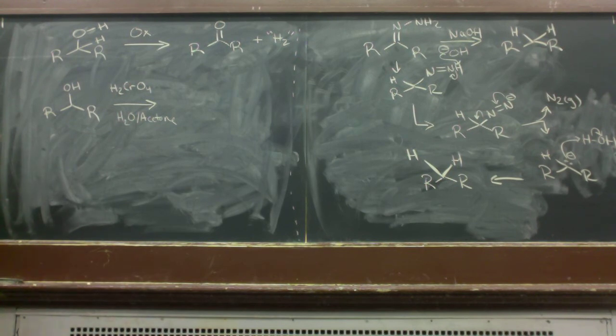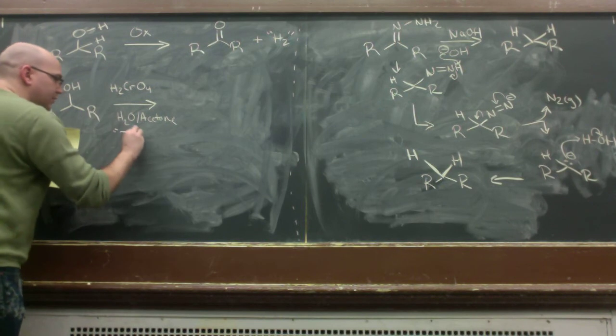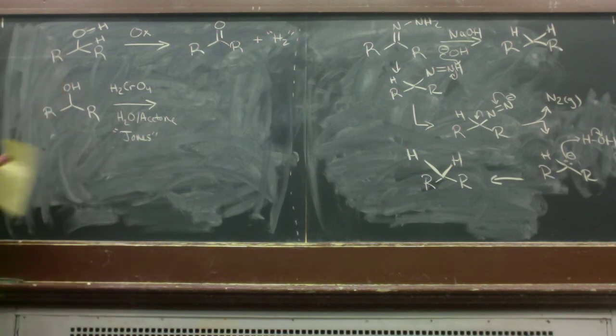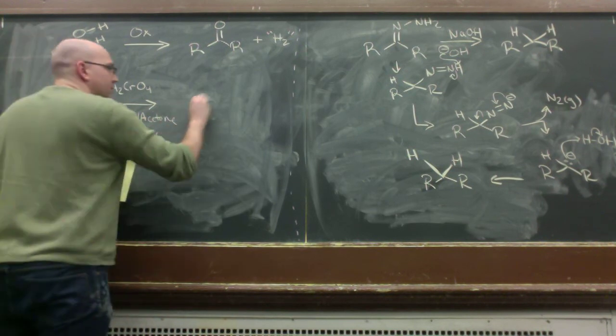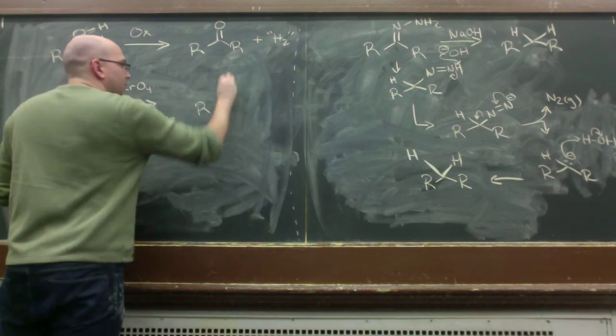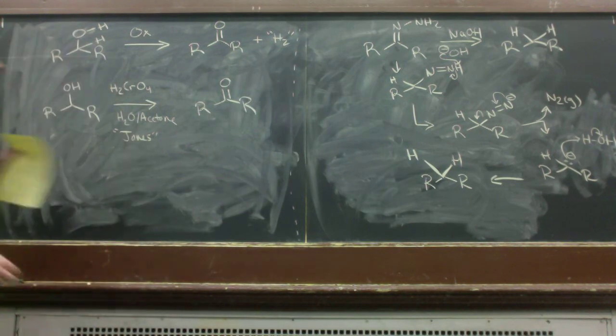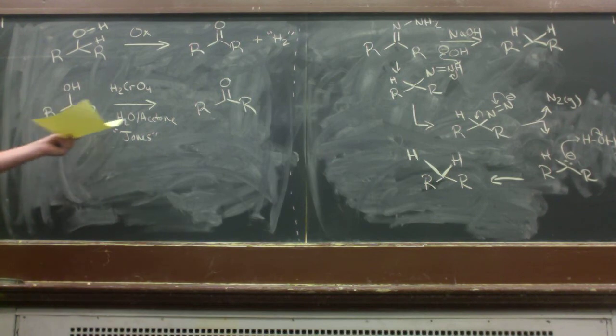What happens in the Jones reaction, as it sounds like you guys know, is that you can take carbonyls and effectively oxidize them. So it's chromium-based. All right. So if you have, say, a secondary alcohol, such as the one that I've shown you here, what you're going to get to is a ketone.